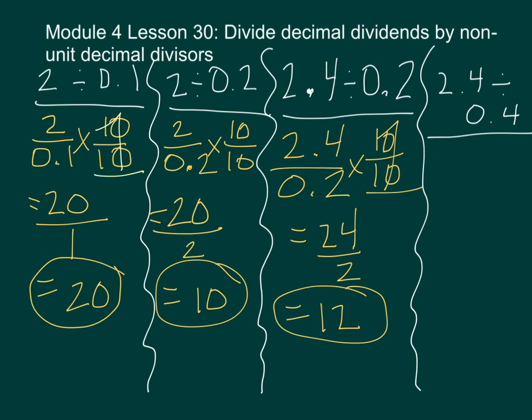Okay, one more we're going to try on this page. 2 and 4/10 divided by 4/10. Again, I put my dividend as my numerator, my divisor, my denominator. I look at this and both are in the tenths place. I want to get rid of them. 10 over 10 is the same thing as 1.